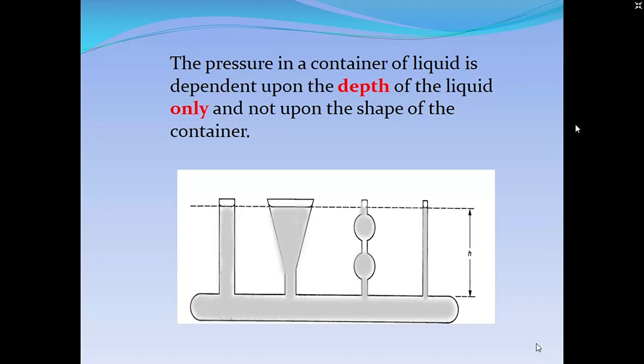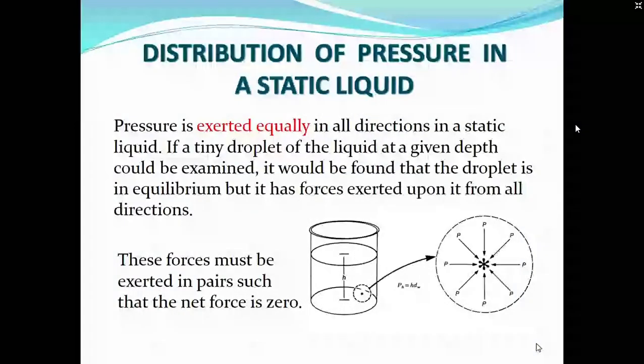And you see that irrespective of the shape, the height of that liquid is one and the same, which tells us that the hydrostatic pressure is the same irrespective of the shape, and we know that. Since hydrostatic pressure is rho G H, it depends only on the height, not on the shape. So the shape doesn't matter in case of hydrostatic pressure. So we've got here static liquid, liquid which is not in motion.